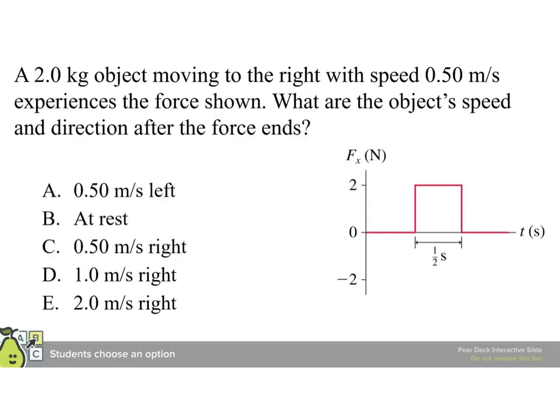A 2 kilogram object moving to the right with speed half a meter per second experiences the force as shown. What's the object's speed and direction after the force ends? Give that a go.